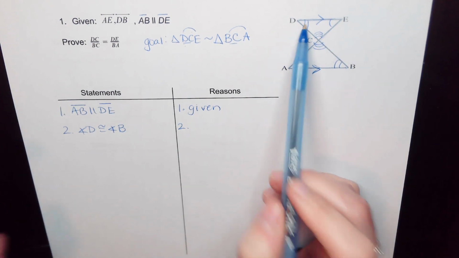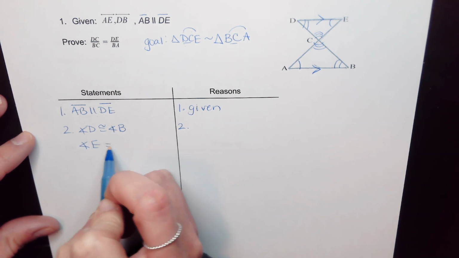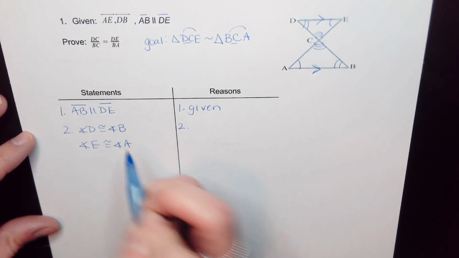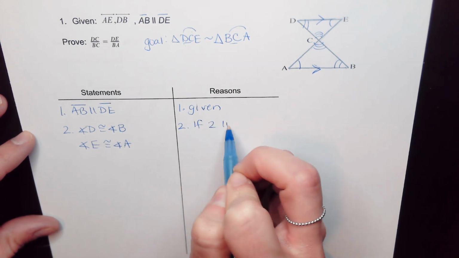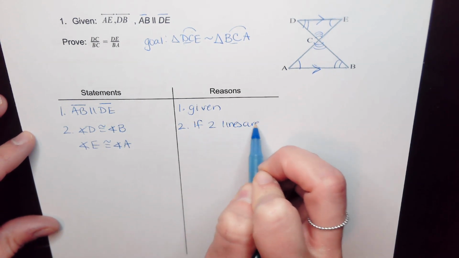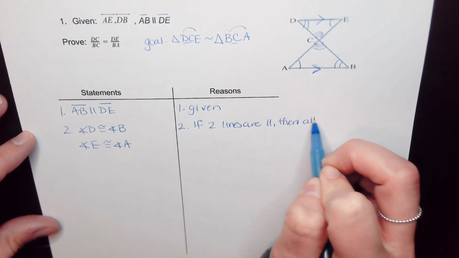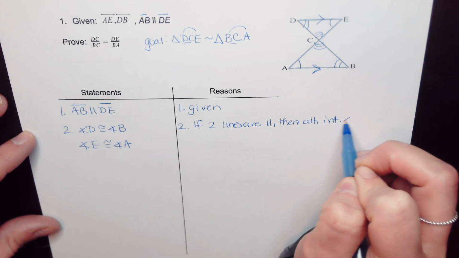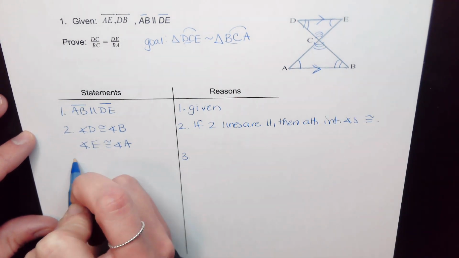But because they're the only angle at that letter, you can use just one. And I know angle E is congruent to angle A. And the reason those will be congruent is if two lines are parallel, then alt interior angles are congruent.